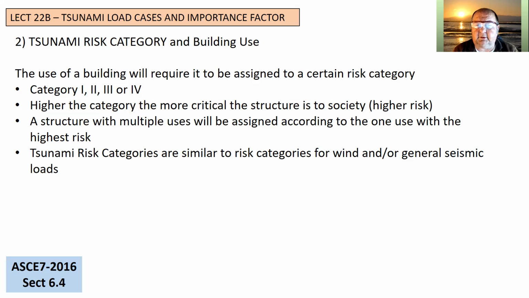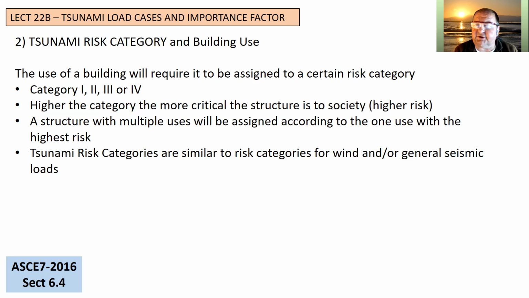The higher the category, the more critical this structure is to society, meaning that damage to this project is a higher risk to overall society than damage to some other structure. A structure with multiple uses, whichever use produces the largest risk will be used for the entire structure.